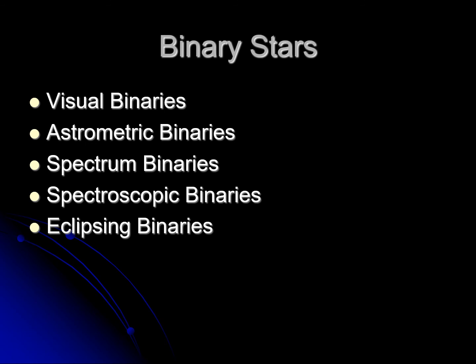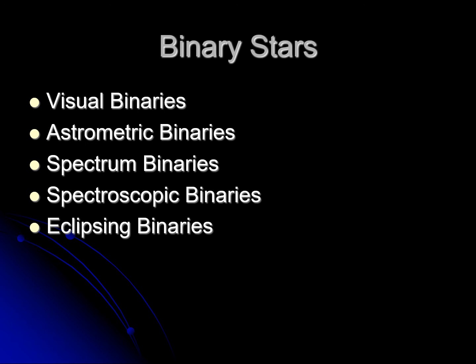Okay, so these are the different types of actual binary stars. I've taken the optical double off the list because it's a double star in the telescope, not really a binary star. Visual binaries: in the telescope, you look at it and see that they're binary. Astrometric binaries: you notice that one of the stars is wobbling.